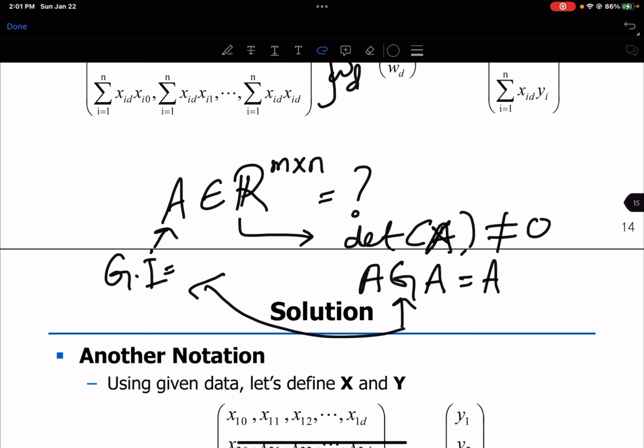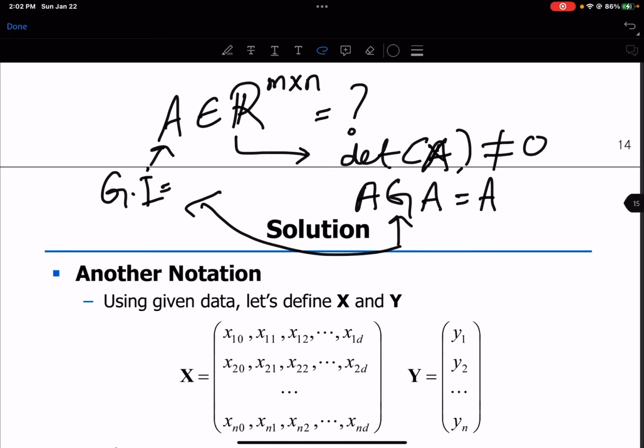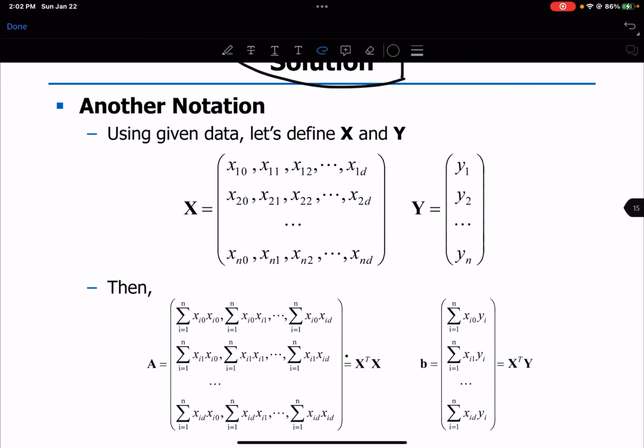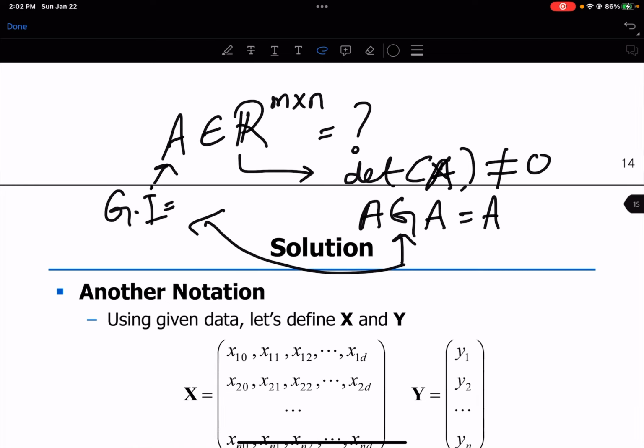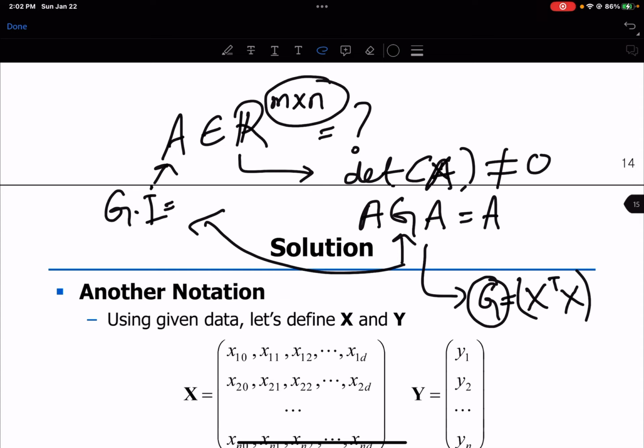And how can we achieve that? It is by this X transpose multiplied by A. So we can represent our matrix G, which is the inverse of A, in this form. Now if we want to prove that G is definitely the inverse of a generalized matrix A of the form M cross N, then it should satisfy these two conditions.